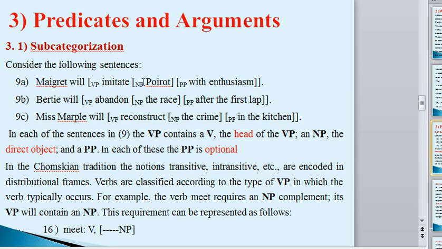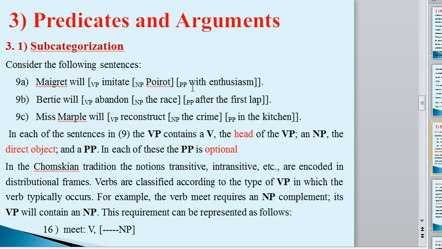And the NP is a noun phrase which we call the direct object. Poirot is the direct object of the verb, the race is the direct object of abandon, and the crime is the direct object of reconstruct.